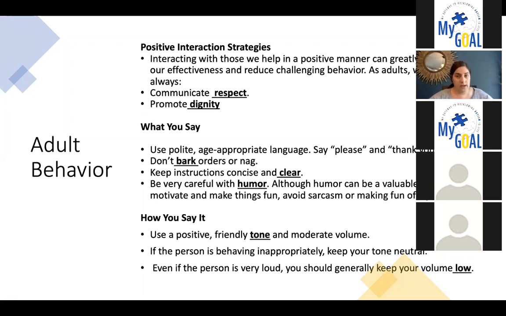And if we're remaining calm and neutral, it's more likely that they will bring their temperament down as well. If we start to get very excited and very loud, they're just going to match our tone and match our level of excitement or anger, which is the opposite of what we want to do.